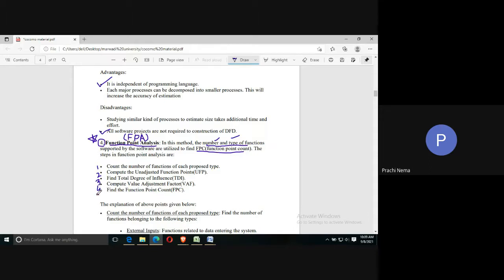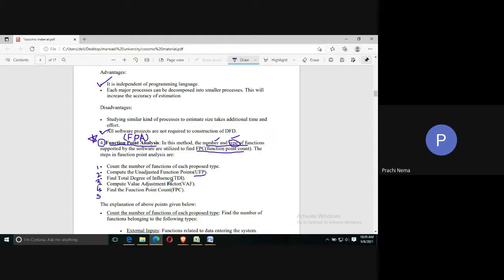Those 5 steps are: first, you need to count the number of functions of each type. The types we were talking about, all those types of function we need to count. Second is computing the unadjusted function point, UFP. I will tell you how to do it.